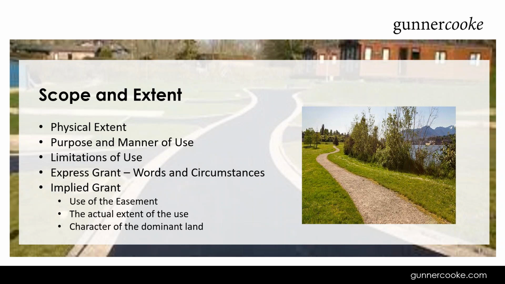So, for example, if you had an agricultural field as your dominant piece of land, then you might consider that the right of way would be appropriate for you to drive livestock along it. But for example, if we're talking about a residential house, then it's unlikely that that would be considered to be part of the scope and extent of an implied easement in that case.